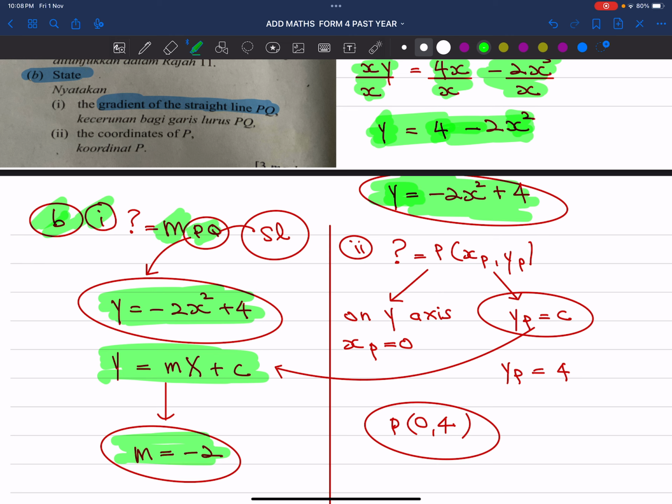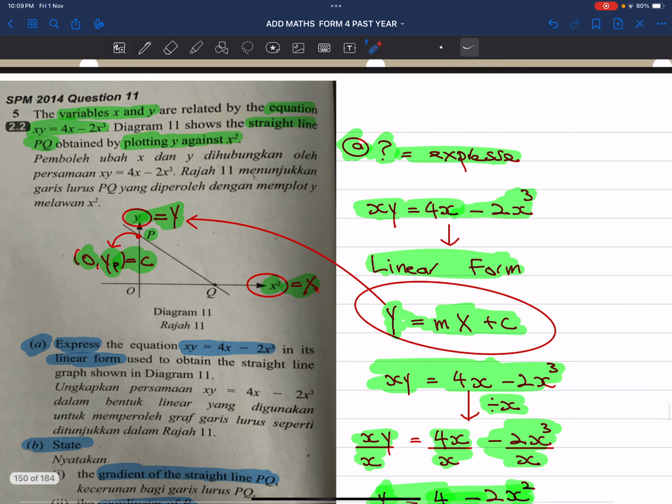Now part B, part 2. Find the coordinate of point P. As usual, I start. They are asking find the coordinate of point P. We find one by one. Now the P, if you look at the graph, the P is on the y-axis.